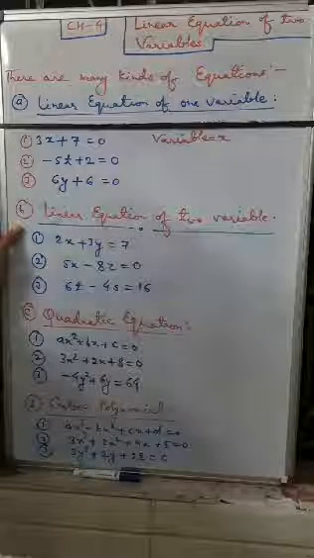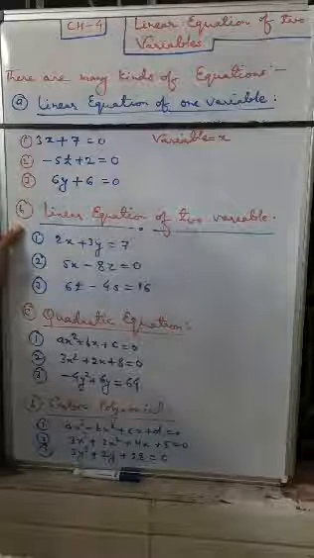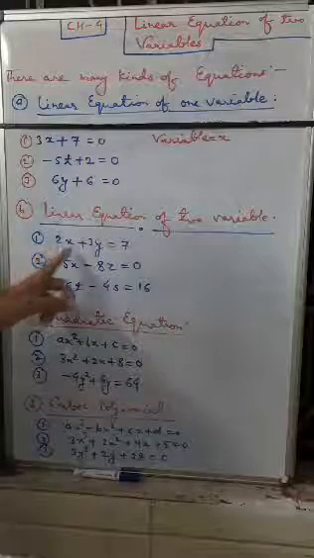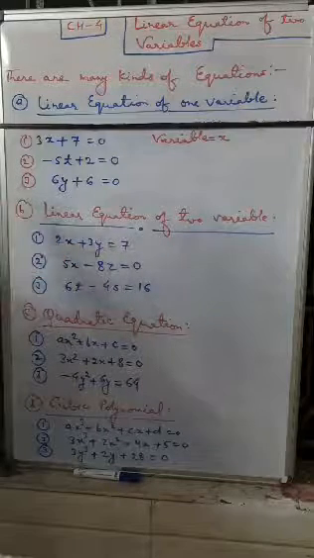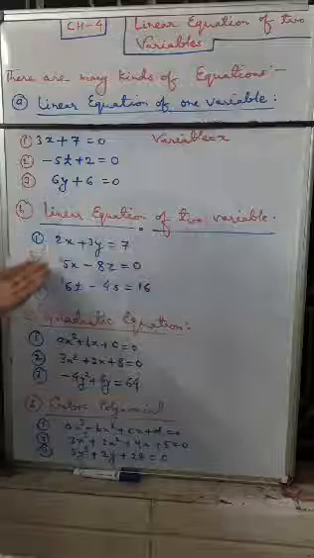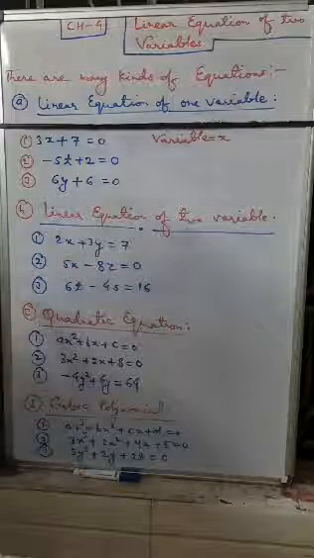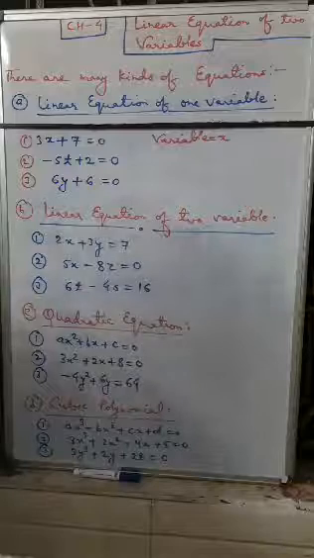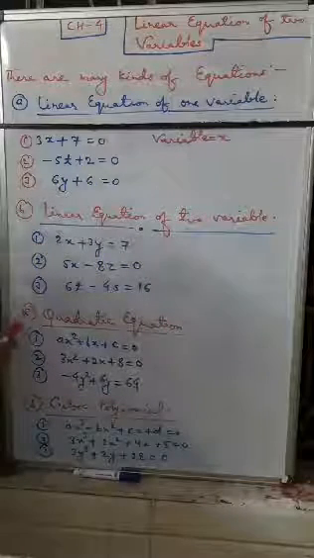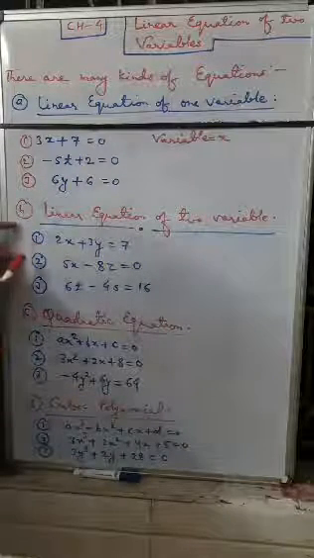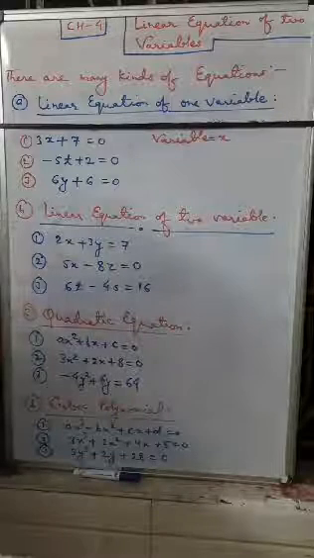But the most important thing is we can use only two variables in the equation. Otherwise the equation can be converted into linear equation of three variables, four variables. It may be possible. In this chapter we have to study such kind of equation.